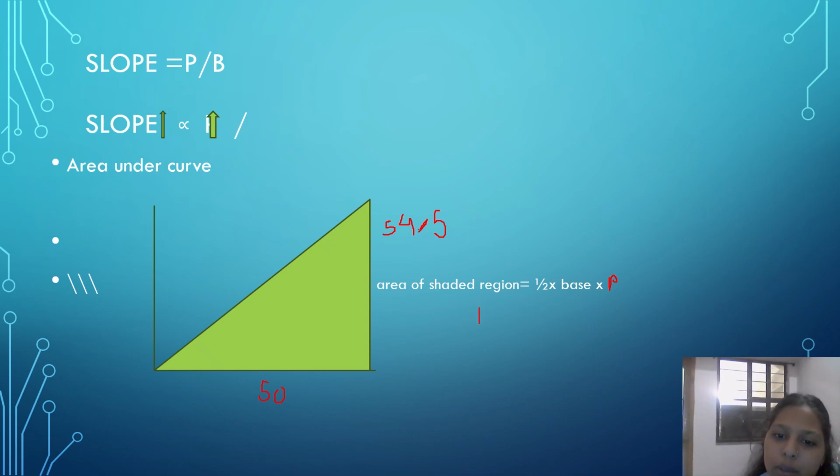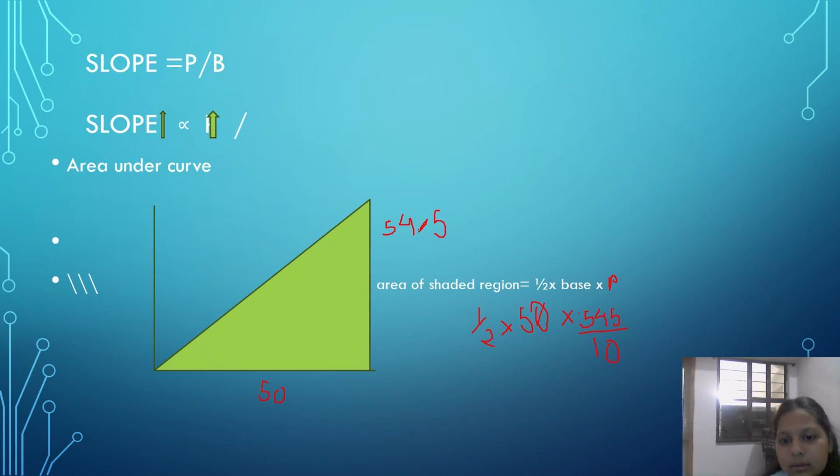So what it will be: half into base, that is 50, into 545 upon 10, right?